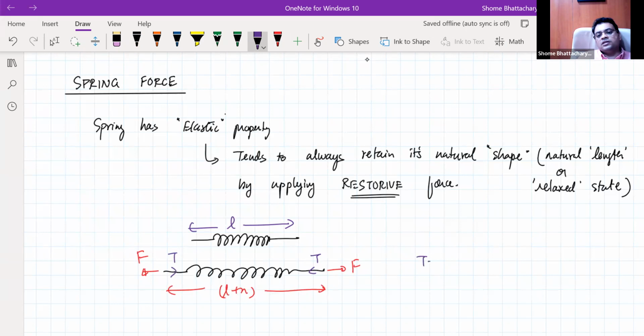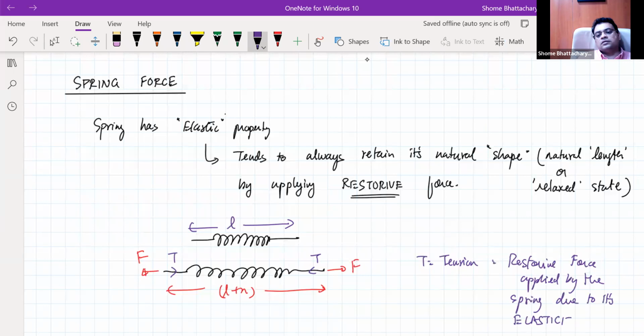So T over here is the tension, which is basically the restorative force applied by the spring. And it applies this because of its elastic nature, or what we call its elasticity.